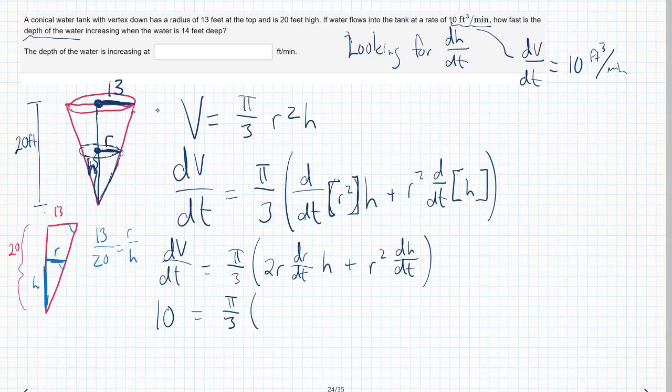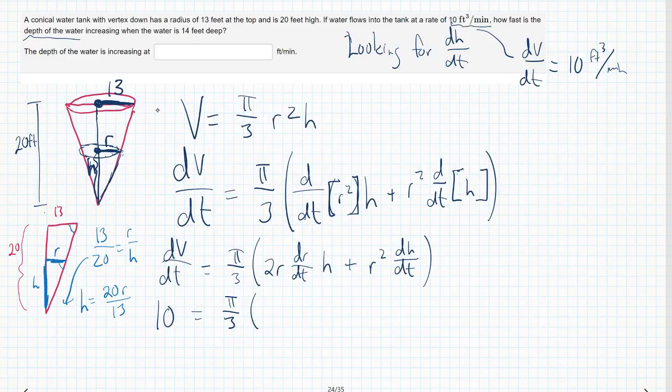Or if we wanted to, we could replace this. Whichever one we want to solve for, let's try and get h on one side. So we get h equals 20r divided by 13. Or I'm sorry, yeah, we want to solve for, yeah, that'll work.